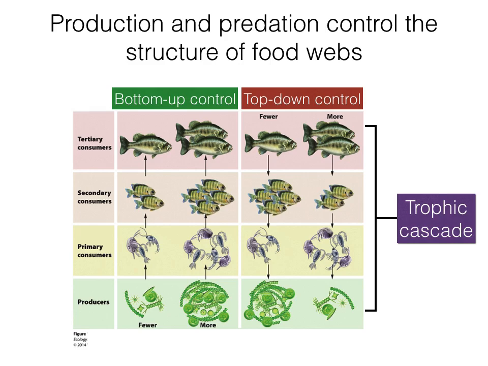The results from the Knight et al. study were a good example of this. These are all examples of trophic cascades with different kinds of controls. Let's take a closer look at an example of top-down control.